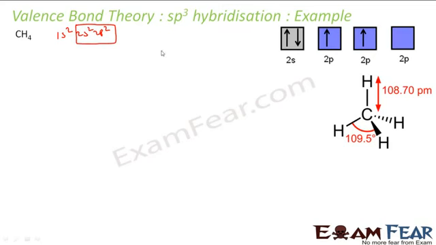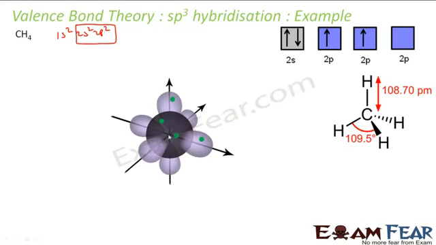So 2s2, 2p2: 2 electrons in the s orbital and 2 p orbitals have 1 electron each. That's the look of the carbon atom.